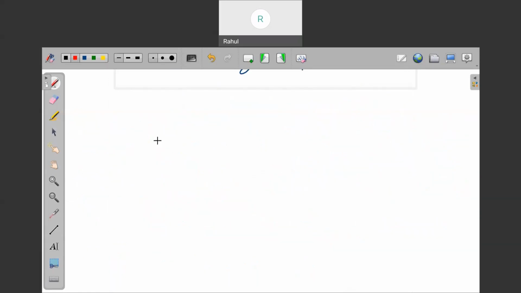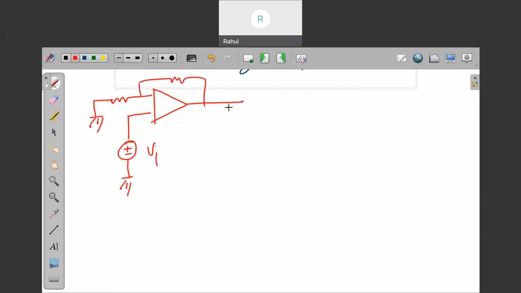Let me draw the circuit. The circuit looks like this. This is a circuit, plus minus, Vi. This is grounded, and from here it is connected here, V0.